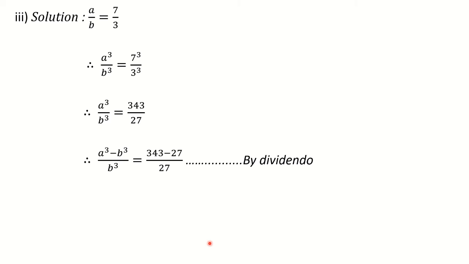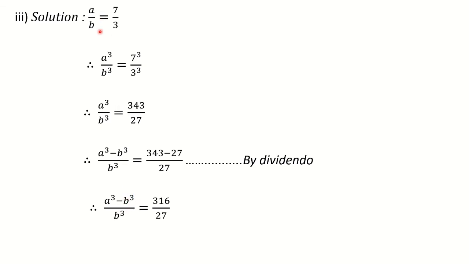So see, here we want to find out the value of a cube minus b cube upon b cube. So by observing this, we can make out that the property of dividendo is used. And we have to start with what is given to us, that is a upon b is equal to 7 upon 3. Dividendo is used, but the numerator is a cube and the denominator is b cube.